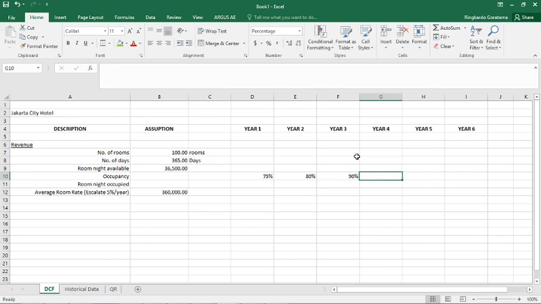But in year 4, let's say it's already flat 80%, so almost the maximum occupancy is around 80%.